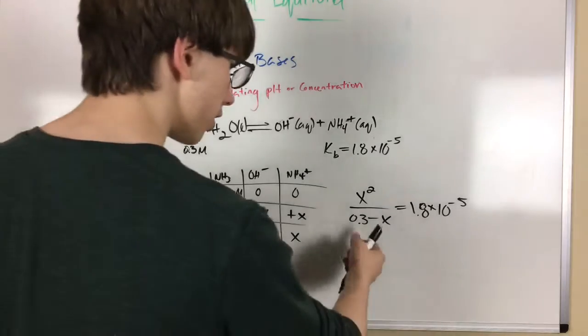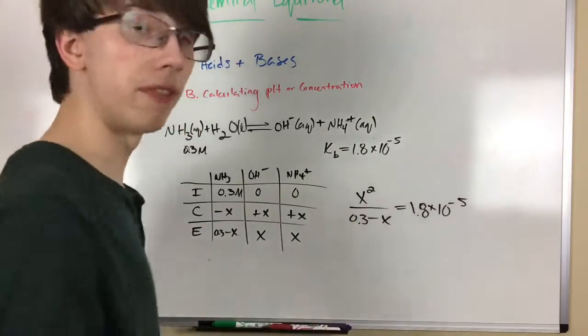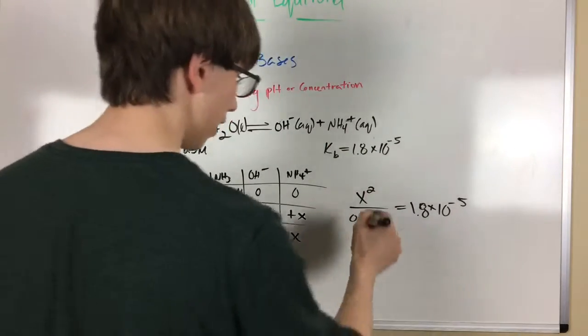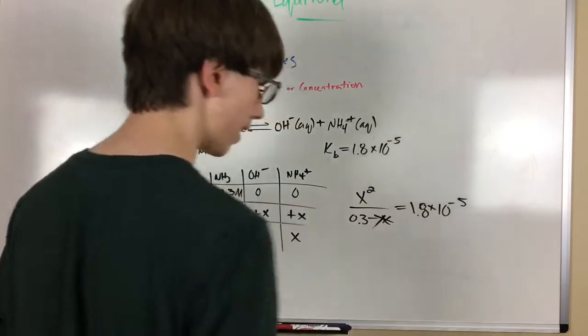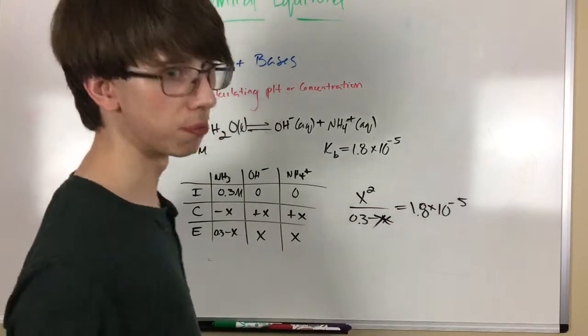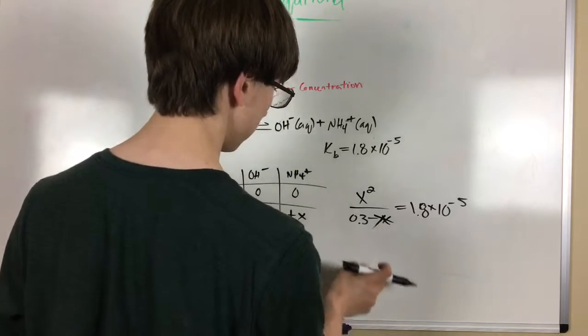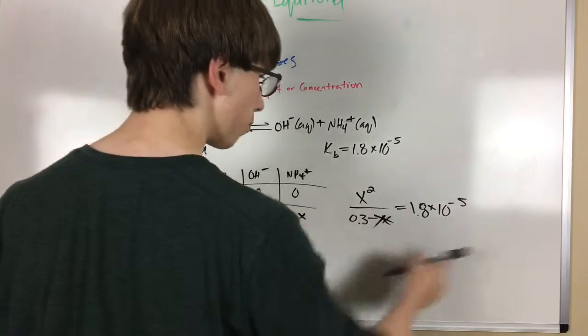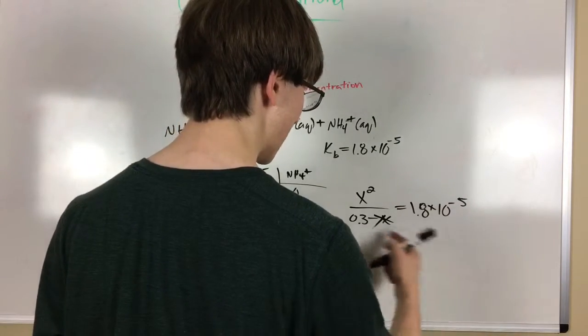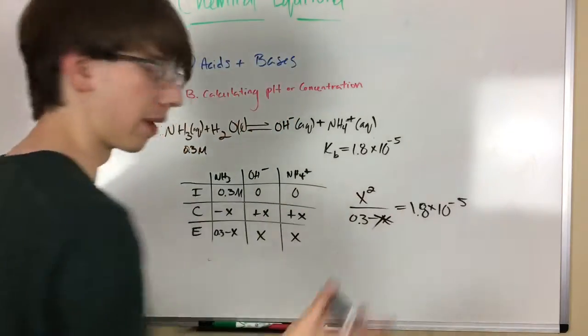But what you do is you just do what is known as the 5% rule, meaning you pretend that this x is insignificant because it's going to be too small for it to matter. Then you multiply both sides by 0.3, and then you take the square root, and that'll give you your x.